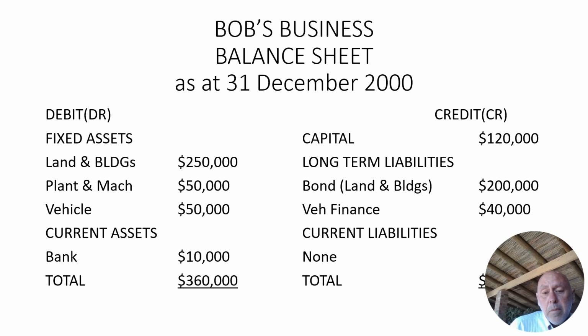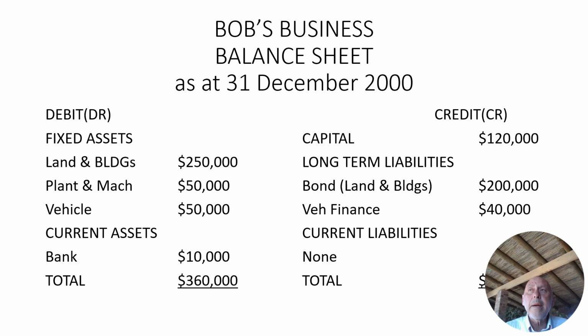But now I've brought in a few other accounting terms. I've broken the assets up on the debit side into what are called fixed assets and current assets. The difference between the two is that fixed assets are long-term assets. They're things that, as a rule, you will use to make your business run.